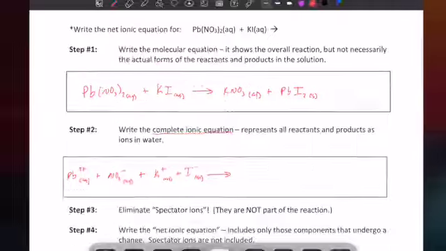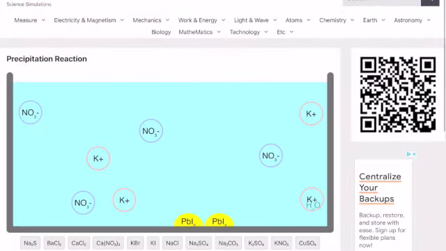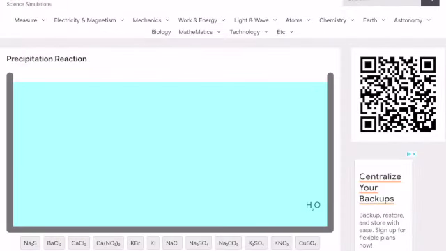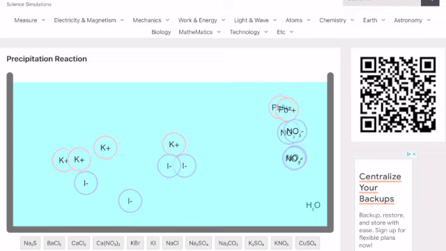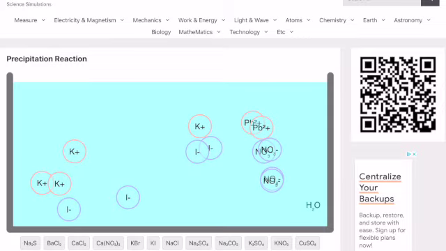So when we go back to our animation here, if we were to reset this, and let some of these disperse a little bit, this is really what we have.